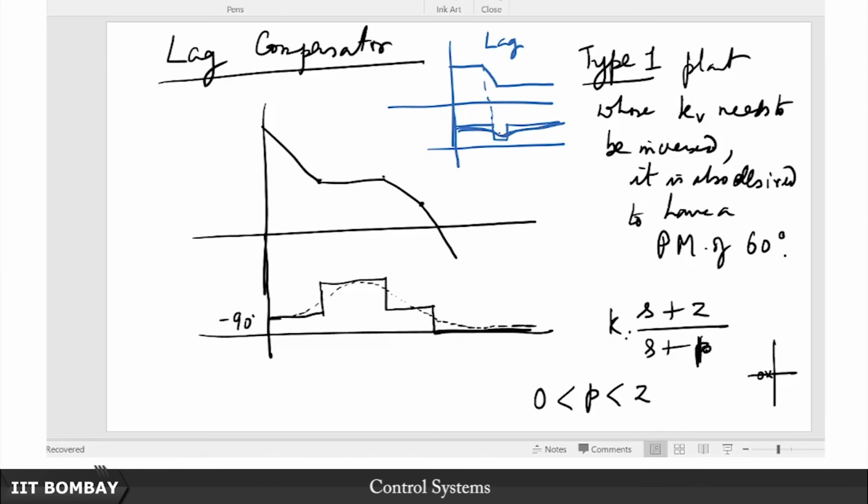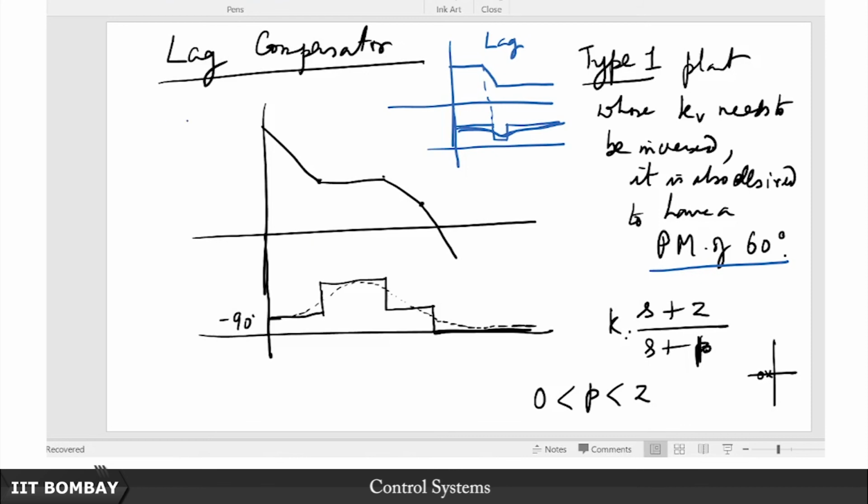After all, this lag compensator is taking the phase closer to 180 degrees. So you might still wonder, how is this 60 degree phase margin going to be achieved? But remember that a lag compensator also gives you this Z by P. So it has the effect of lifting.